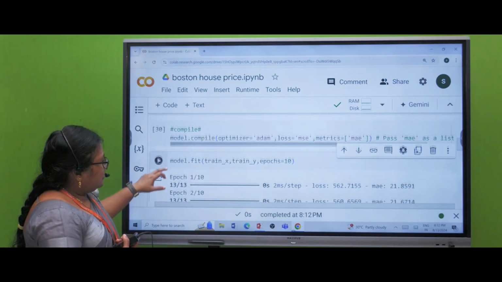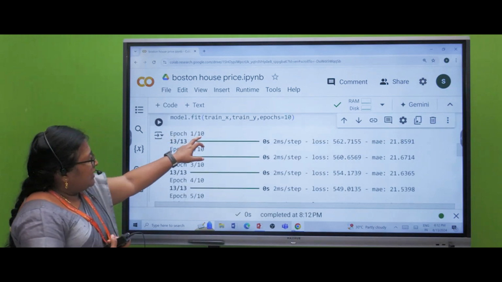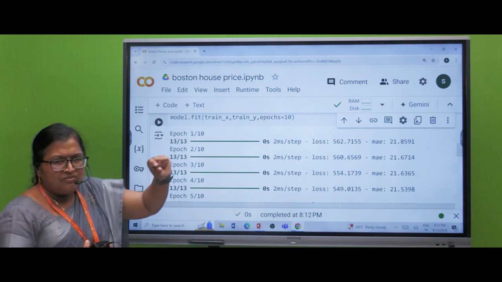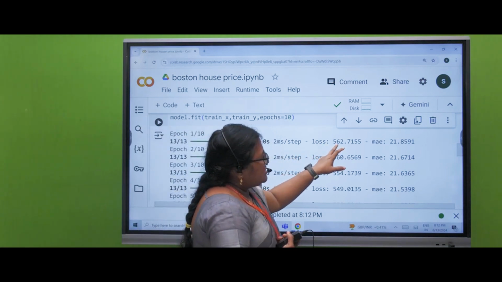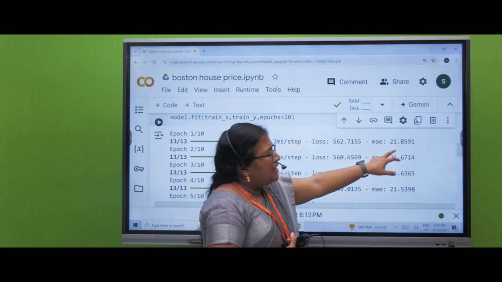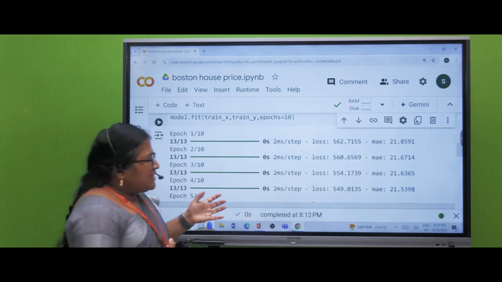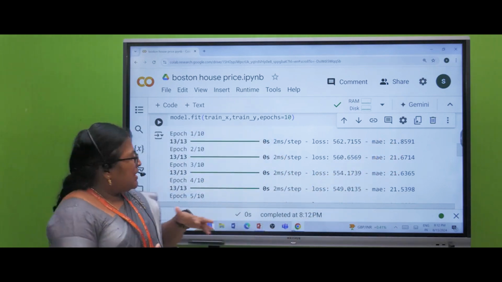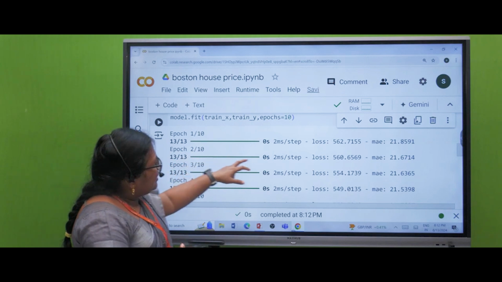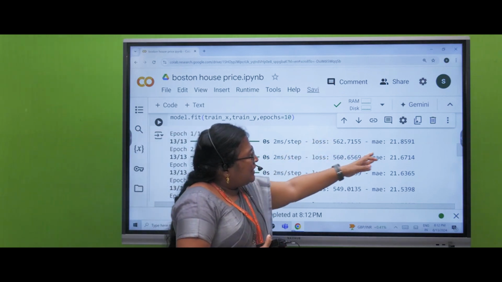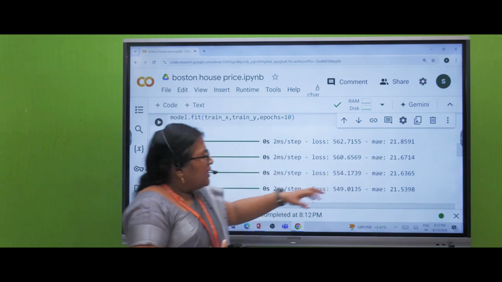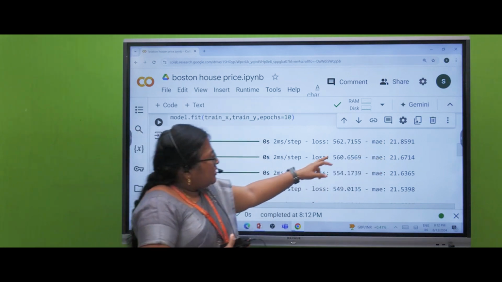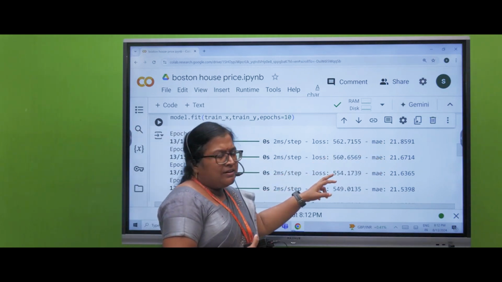When it completed the first epoch, the first training, we got a loss of 562 and an MAE of 21. For the second time, the same data set is passed, so in the second iteration the loss is reduced a little bit. The MAE is almost the same. For the third iteration, the loss is reduced a bit more.